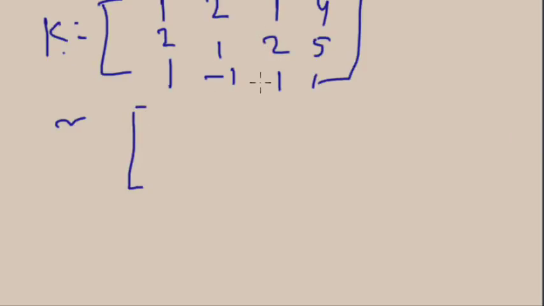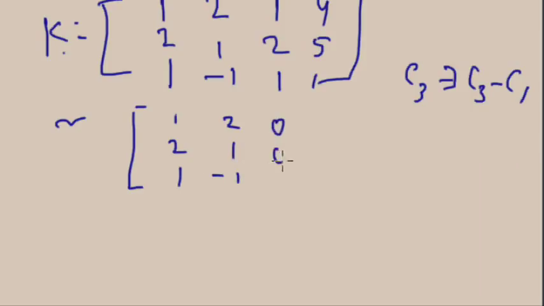The first element will become 0 if I reduce this column, that is C3 minus C1, so it will be 0. So it is [1 2 1; 2 1 minus 1; 0 0 0; 4 5 1].